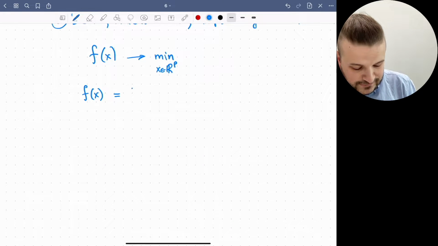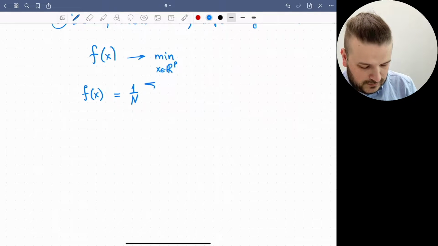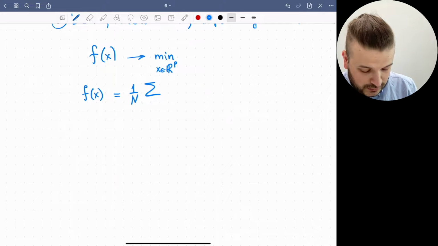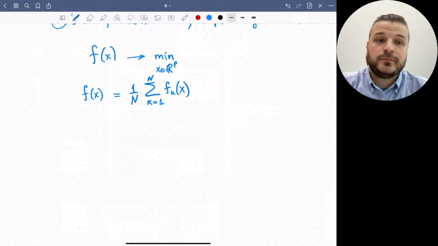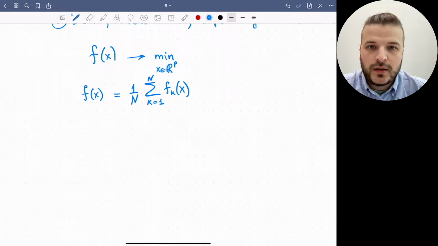To be more specific, we will consider a specific kind of function, which is presented in a finite sample average form.